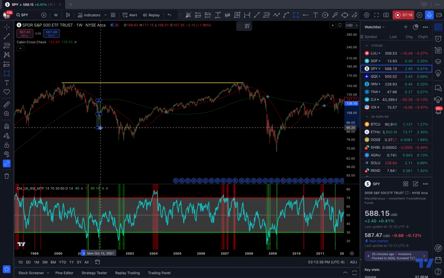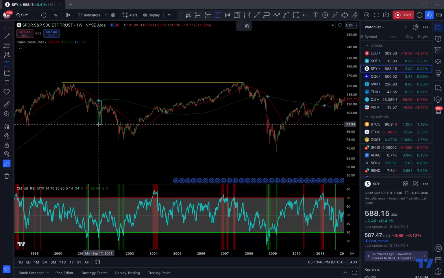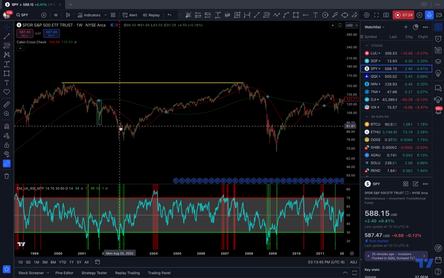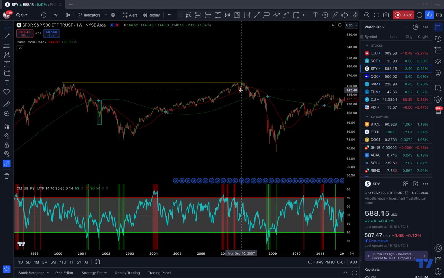If we look at the 2001 dot-com bubble, of course, this was a bit of an exception because you did have a fake out bounce that was about 25% here before you went lower and found your eventual bottom, and then you started your next bull run.